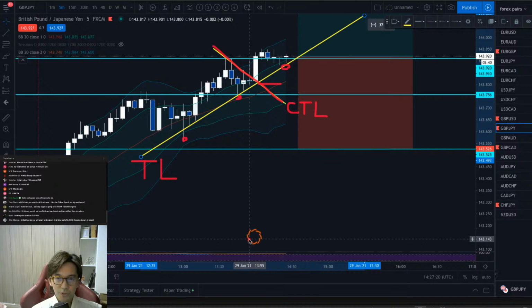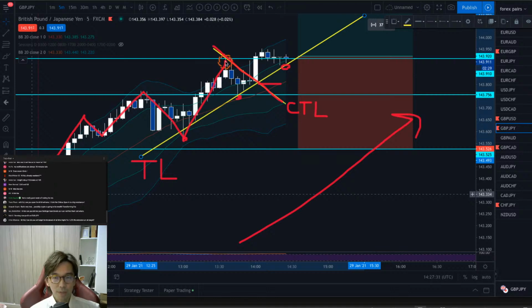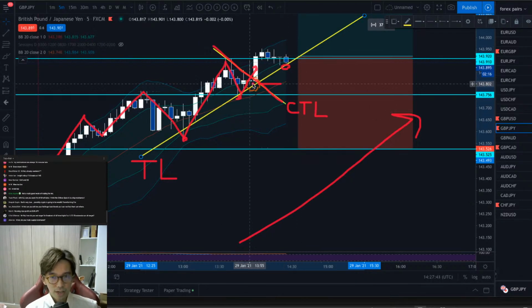So this is uptrending, so I'm looking for the buy, and I expect the market goes up on this bullish wave. At the bullish wave, you can capture the potential breakout and potential continuous N wave by drawing these Canna trend lines.